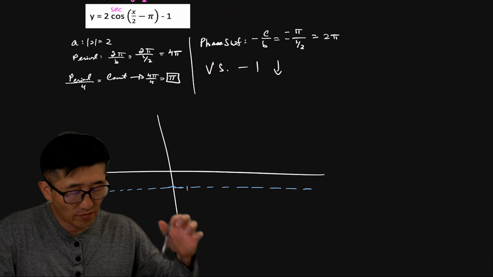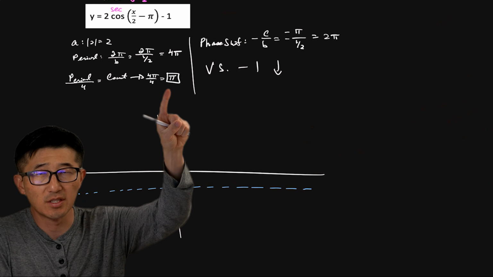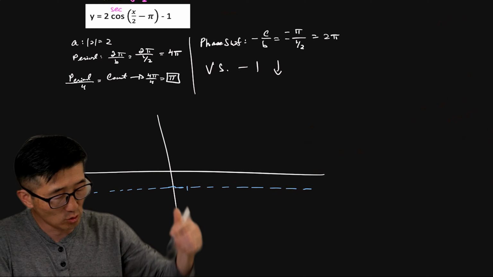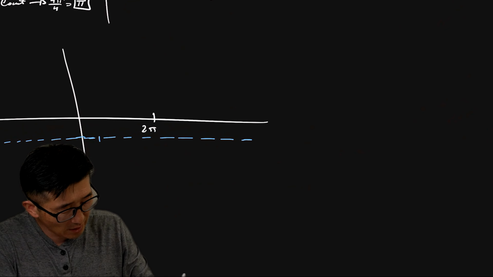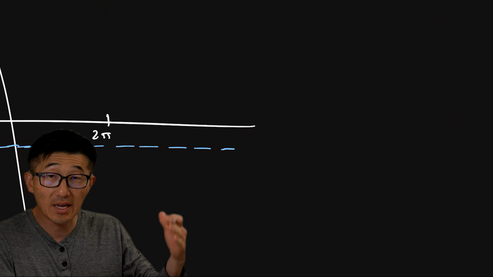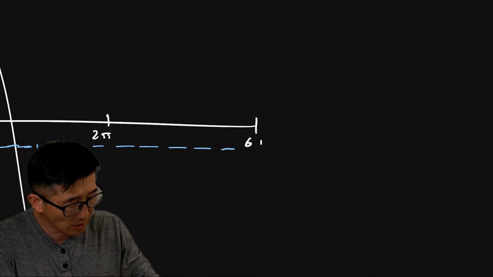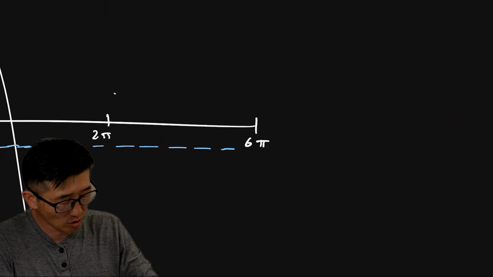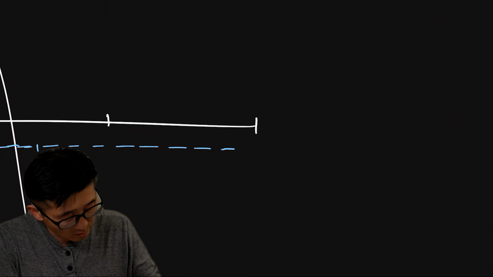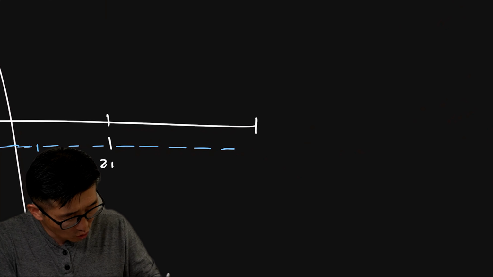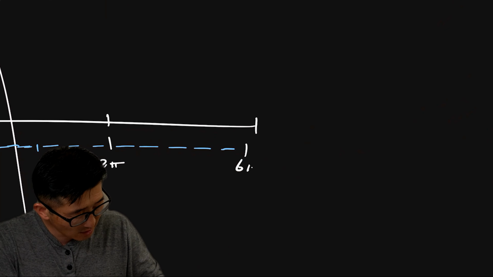And we have to consider the fact that the period is 4 pi. So the graph is going to start at 2 pi, and 4 pi later, which ends up at 6 pi, the graph will end. Sorry, I'm doing everything. Let me put it down here: 2 pi and 6 pi.